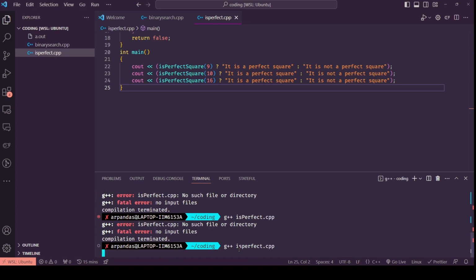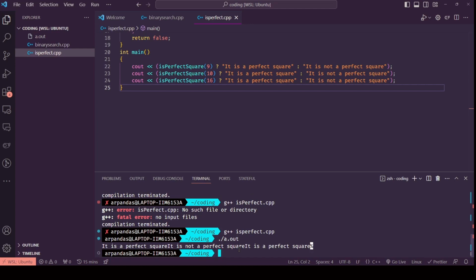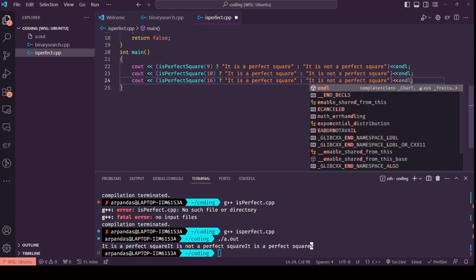No input file, it's perfect. Okay, I just stop it. It's perfect. Let's just write cout endl, which is used for terminating the line.